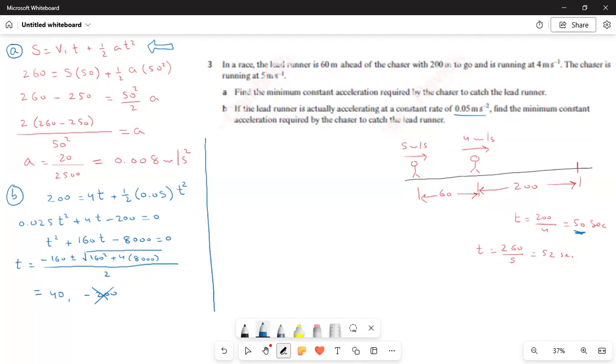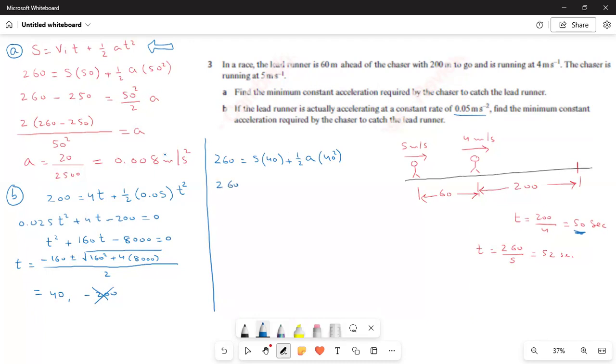So now we will again apply the same equation. The distance he needs to cover is 260. His current speed is 5, but now the time he has is not 50, it's only 40. Plus half a, which we need to find out, and 40 squared. So again we will simplify this equation.